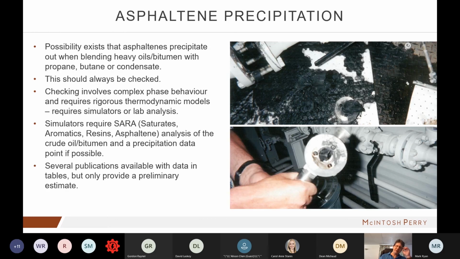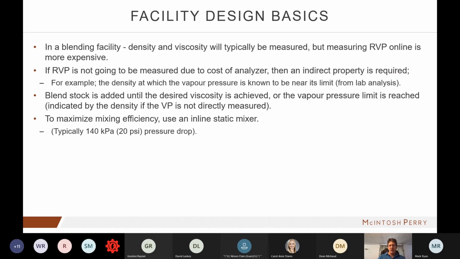By the way, on the slide I just went off, let me go back there for a minute. If you are trying to use density indirectly, it's fine. It can work relatively well. But you might have a situation where you have 12 different crude oils coming in and 2 different blend stocks, which is pretty common.